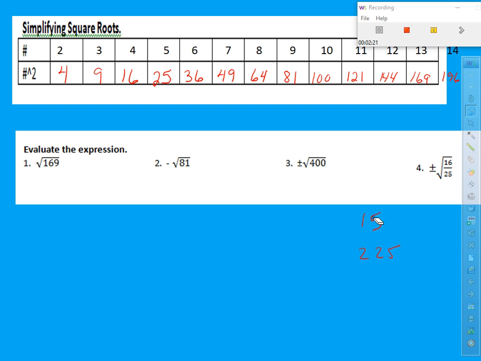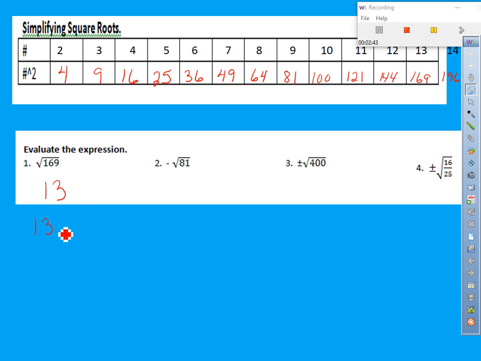Now, the bottom row is really going to be key for us. Those are numbers that we know the square root of. So my numbers 1, 2, 3, and 4, those are easy because those are already perfect squares. The square root of 169 is 13. What does that mean? It means 13 times 13 is 169.